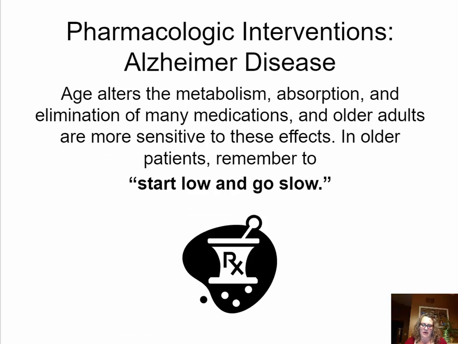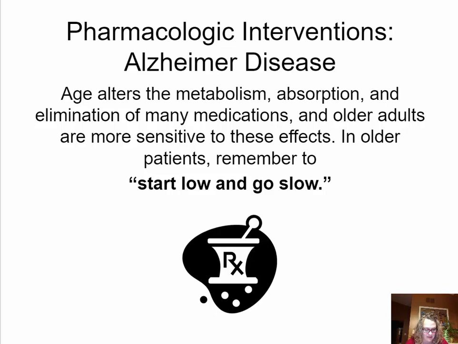Okay, so let's talk about how we're going to medicate these people. Remember that Alzheimer's disease does not have a cure, so the focus of treatment is to maintain their independent functioning for as long as possible. We want to slow disease progression. So these drugs that we're going to talk about are aimed at slowing disease progression.